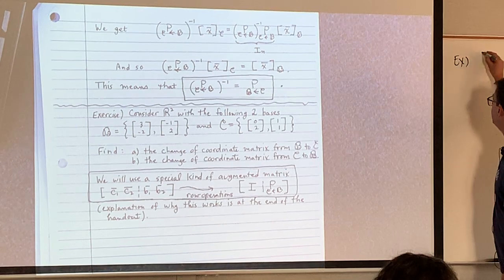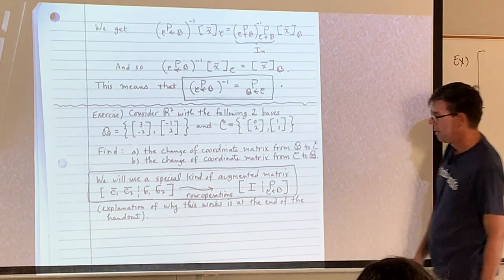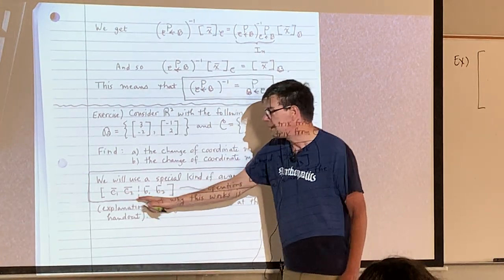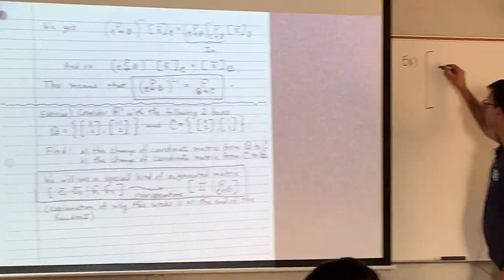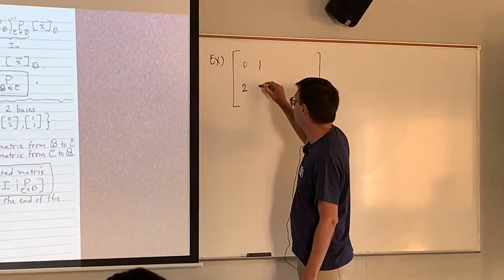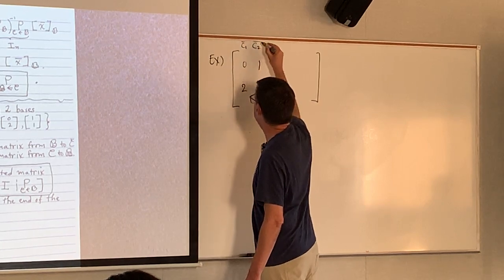So I'm going to set up a new kind of matrix where I put the C1 and C2 vectors on the left. So that's 0, 2, 1, 1. So that's C1 and C2.